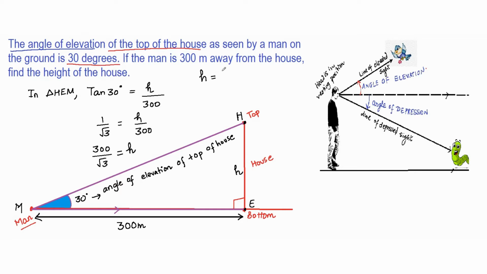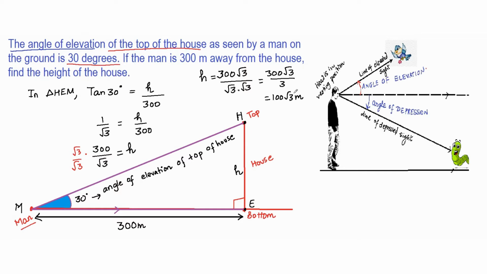I know that I should divide and multiply by root 3. So 300 times root 3 divided by root 3 times root 3. What I've done is I multiplied and divided by root 3. So I get 300 root 3 divided by 3, which is equal to 100 root 3 meters, right?